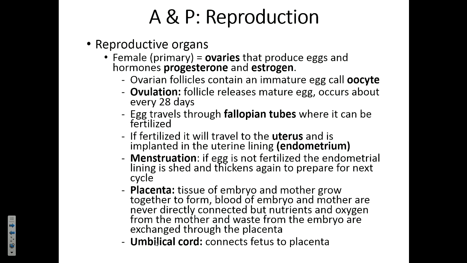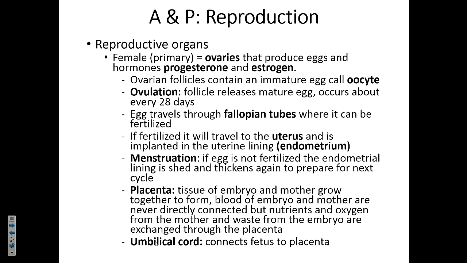We have to know the overall anatomy of the reproductive organisms. We have to know different hormones that are involved. And for females, the expectation here is understanding ovulation, menstruation, and pregnancy in the context of what happens as the egg is traveling through the fallopian tubes where it eventually can be fertilized.